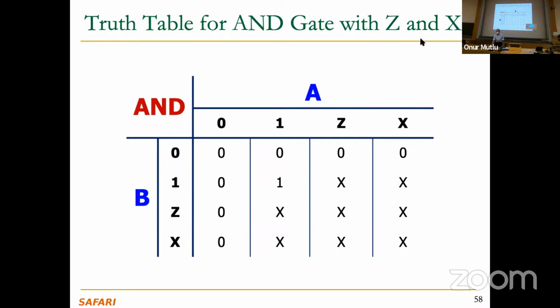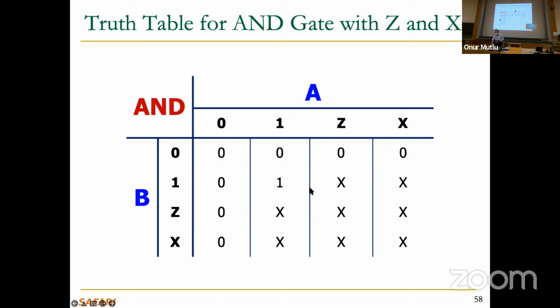But before we go into the priority circuit, I remind you again, this is a truth table for an AND gate with Z and X. Z is floating. X is invalid in this particular case. It's not don't care, really. I mean, you can imagine don't care is kind of invalid also, but okay. Basically, you can see that this is really the AND we are used to. The input values are 0 and 1. If one of the values is Z or X, and another value is 0, then the AND gate makes sure the output is 0.